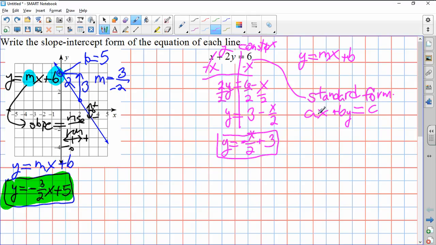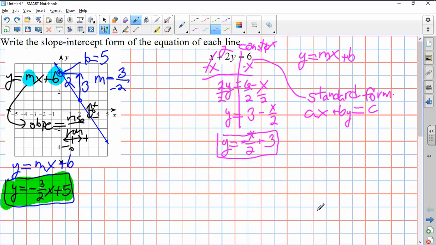Remember, letters at the end of the alphabet are variables, and letters at the beginning of the alphabet are numbers. If you notice there's numbers in here, this will be the a value, this will be the b value, and this will be the c value. So a is 1, b is 2, and c is 6.